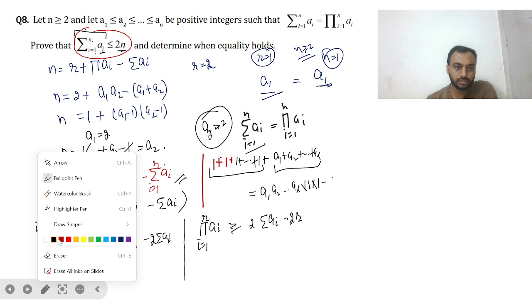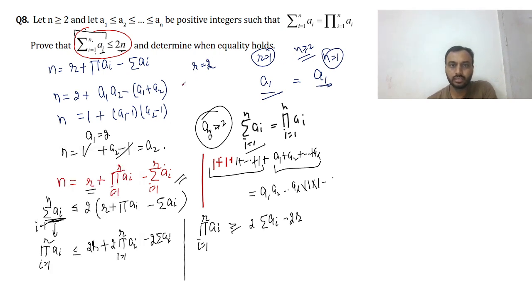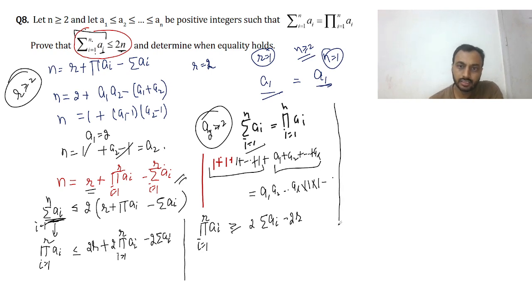Okay, and we also know that r is greater than or equal to 2, that we already saw, that r equal to 1 cannot work. So we have r greater than or equal to 2, so we have to prove this is true for r greater than or equal to 2. Now again we can use the same process, the minimum value of the left hand side and the maximum value of the right hand side.